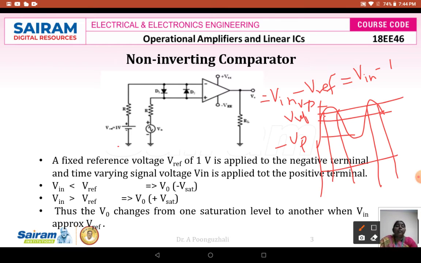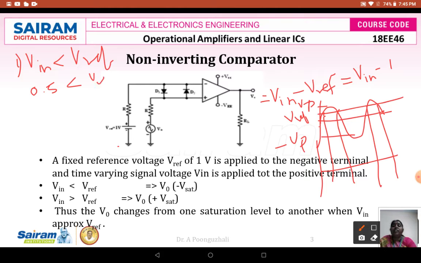Now I am going to consider the first condition: this is your Vin voltage, and Vin is less than V reference. So I will take my Vin to be 0.5. So 0.5 is less than your V reference.